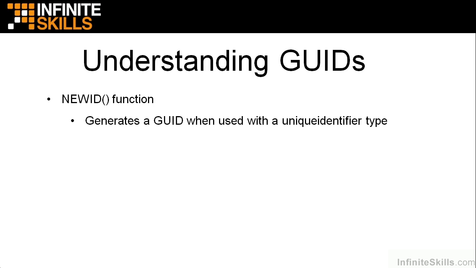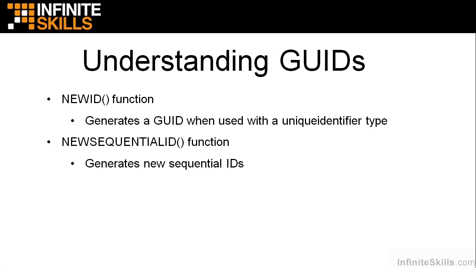Now, the NEWID function generates a globally unique identifier when NEWID is used to provide a value for a column that has been set with the unique identifier data type. And I'll demonstrate that in the globally unique identifier examples video. Now, the NEWSEQUENTIALID function generates new IDs that are sequential.